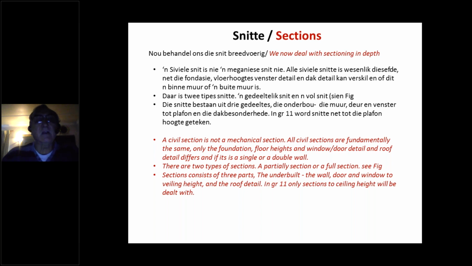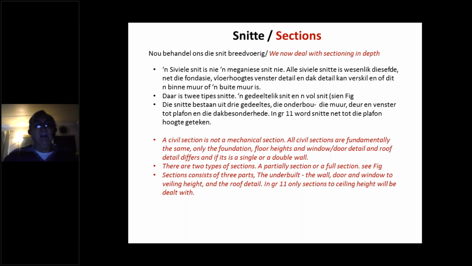All civil sections are fundamentally the same. You've got a foundation, you've got floor heights, you've got a window, you've got window details, you've got roof details. And the roof details differ in its length or its width or the span, or is it a single wall or is it double wall. But all of them is exactly always the same.